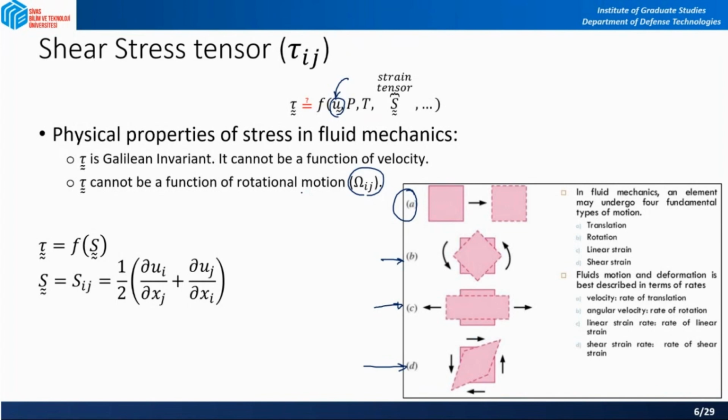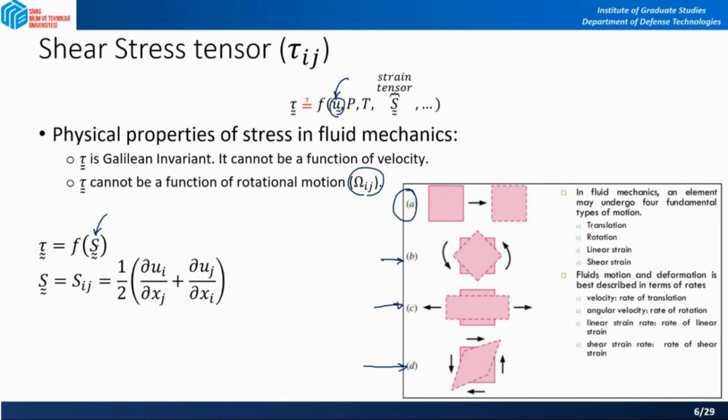Using this physics-based reasoning, people have thought about how to calculate tau. And at the very end, the results show that it is a good idea to calculate tau only as a function of strain, the same as in solids.